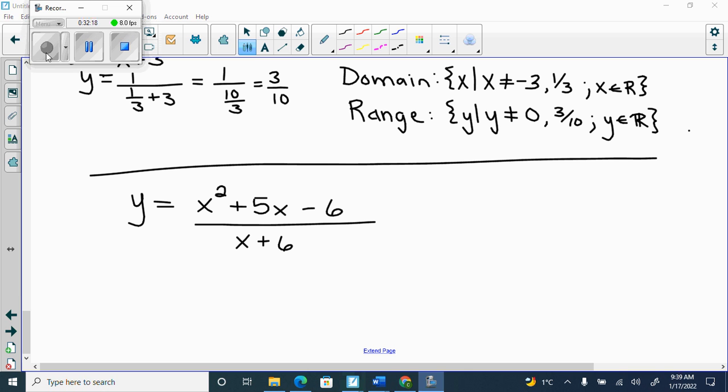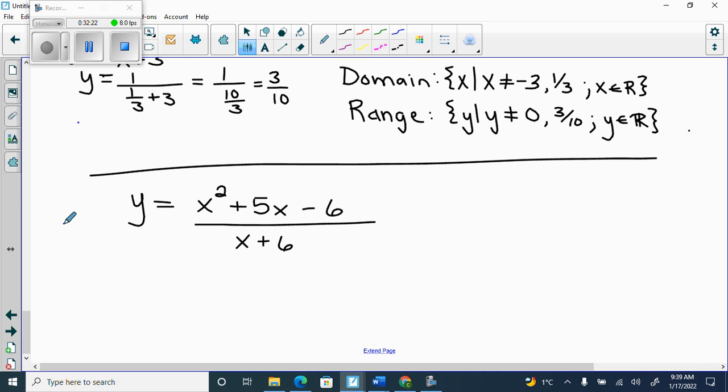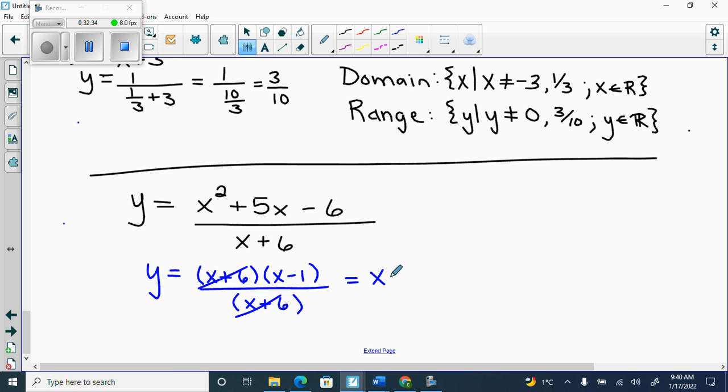Okay, so if we factor this, we're going to get x plus 6, x minus 1, over x plus 6. The x plus 6's cancel, so we are left with x minus 1. What is y equals x minus 1? It's a linear function, so this is actually going to be a line with an open dot. This doesn't have asymptotes.